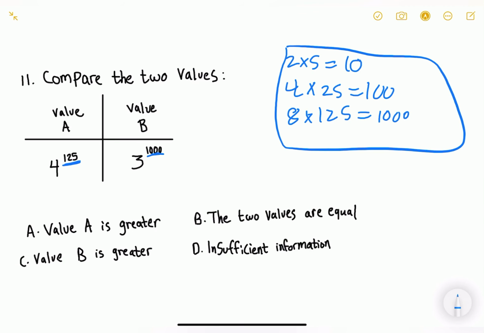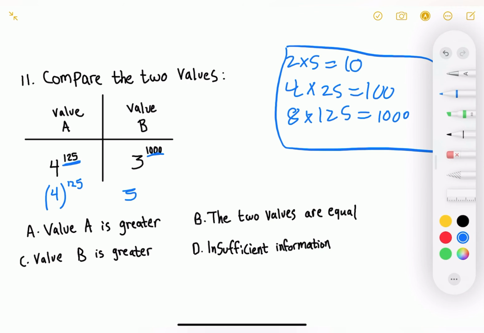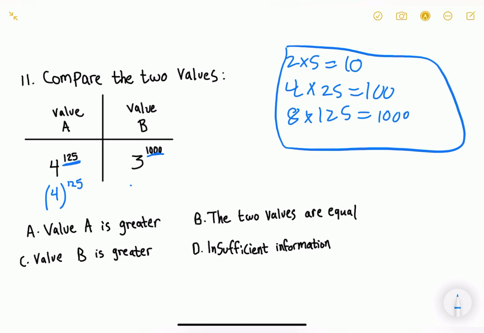So to make them alike, we can say 3 to the power of 8 and then to the power of 125. Why? So we can make them alike, so we can compare them somehow.